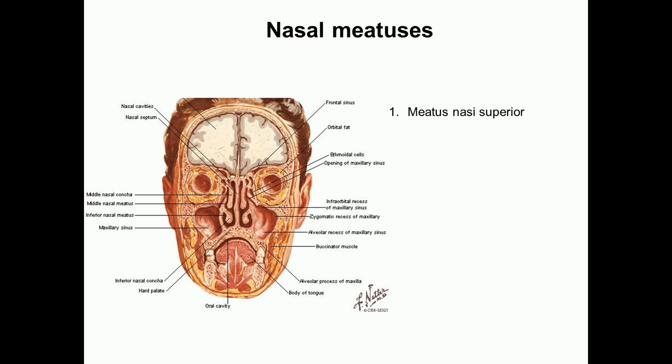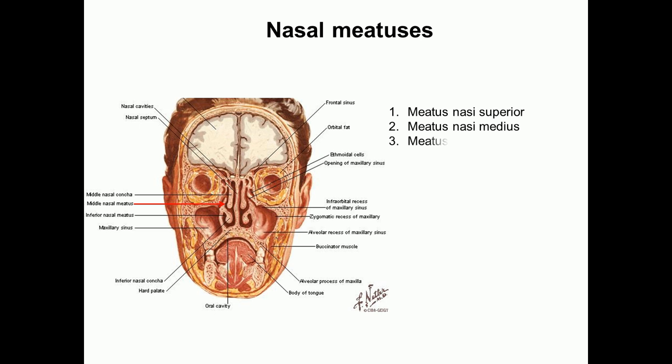In this picture, number 1, meatus nasi superior, is impossible to demonstrate because it is located more posteriorly. So we need to find it there. Another meatuses we can find in this picture. Meatus nasi medius. I use the red arrow to demonstrate it.